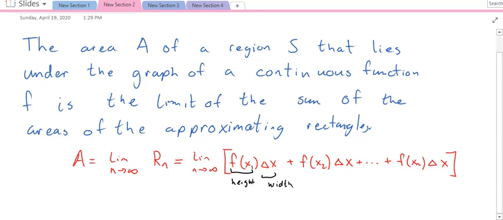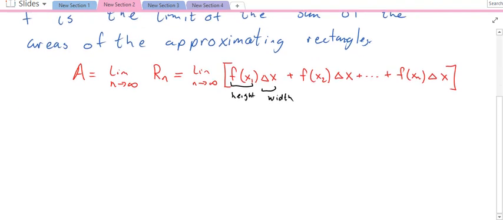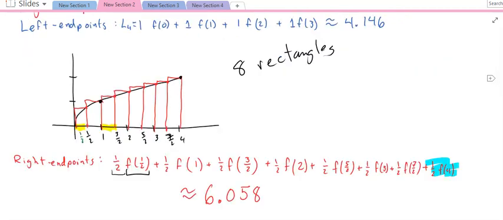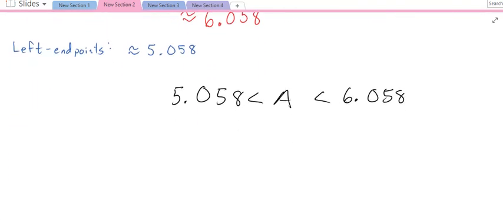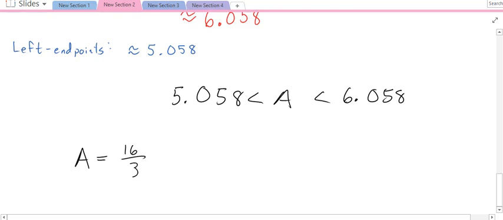If you take the limit as n goes to infinity, then that is going to equal the area underneath that curve. So that's where the calculus comes in: we're actually taking a limit as the number of rectangles goes off to infinity, and that tells us what our area is. Not that we have the ways to do this yet, but if you actually do compute this limit, the area underneath the curve here ends up being 16/3, which is equal to 5.3 repeating.